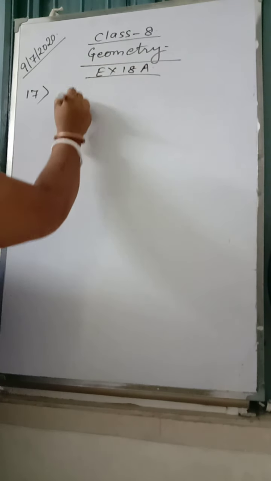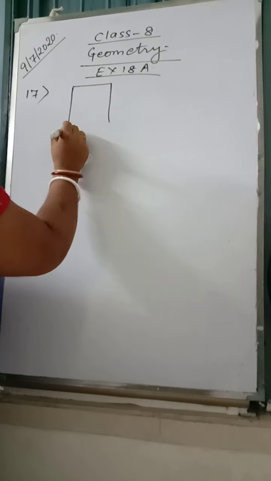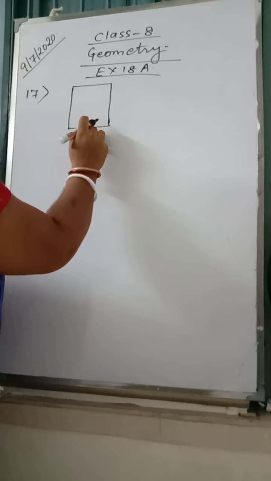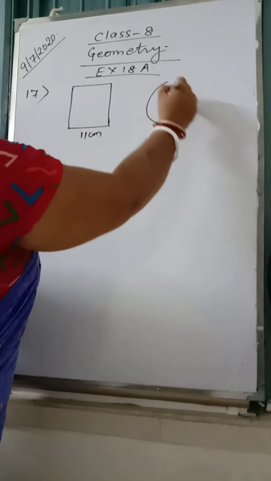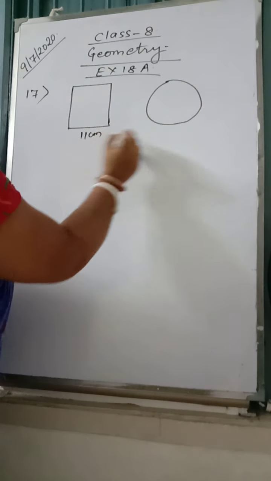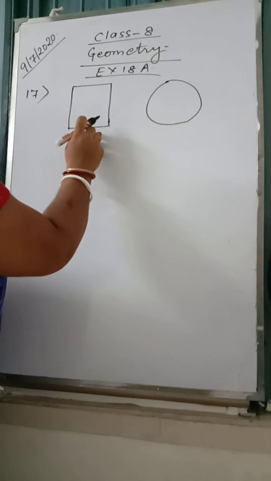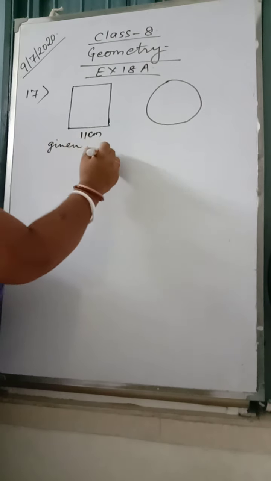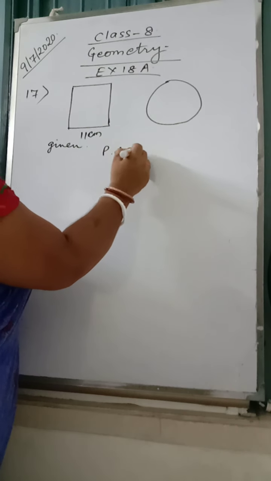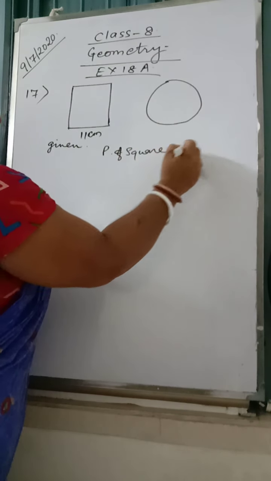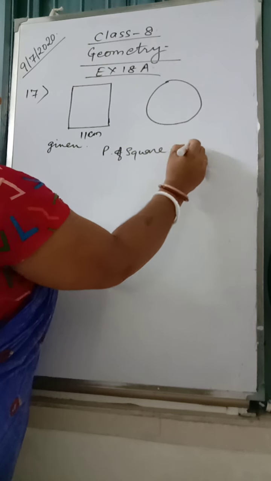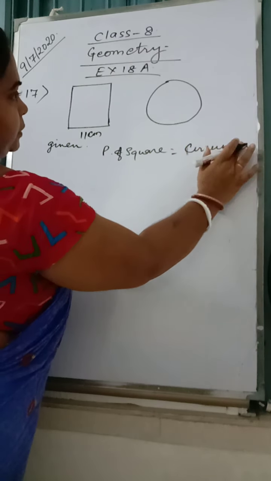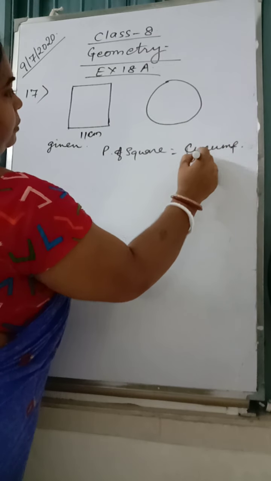Now it says there is a square whose side is 11 centimeter and there is a circle given. The perimeter of the square is equal to the circumference of the circle.